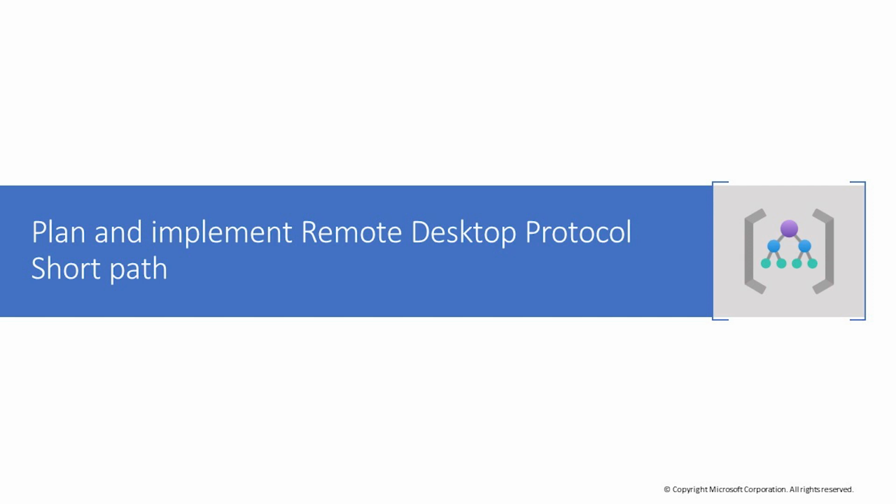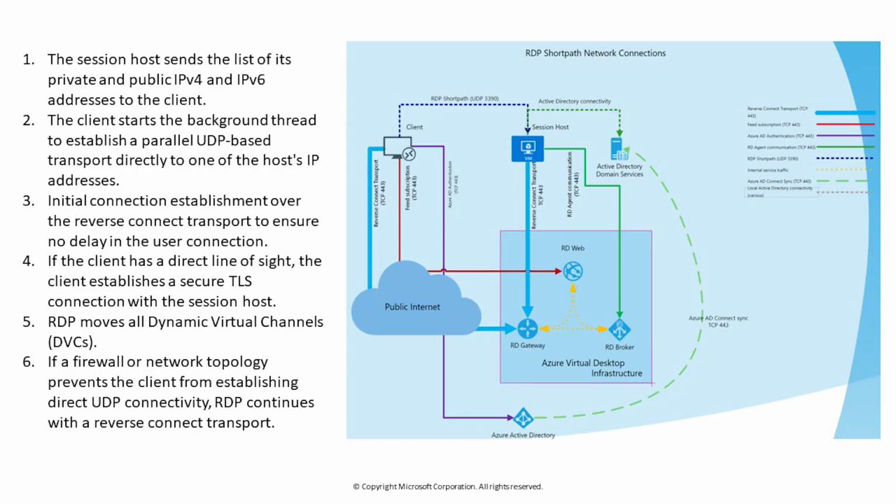To achieve that, we have a concept, remote desktop protocol Short Path. Now, what is this Short Path? Usually what happens is, after establishing the reverse connect transport, the client and the session host start the RDP connection and negotiate the multi transport capabilities.